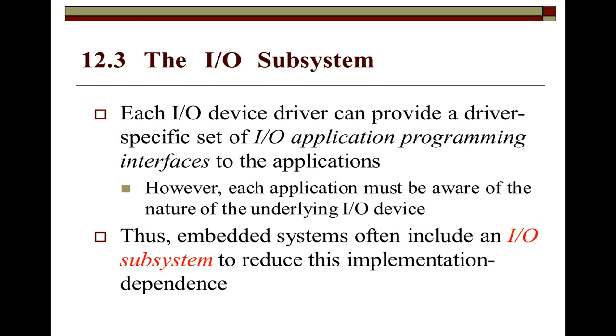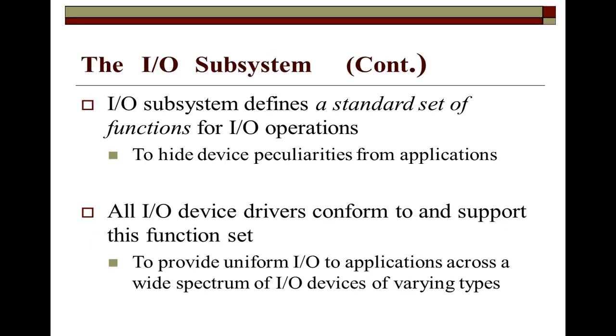Second, we are going to look at the input output subsystem. Each input output device driver can provide a driver-specific set of input output application programming interfaces to the applications. So whenever you need to interface some application, there is a particular input output API that is going to drive that set. However, such an application must be aware of the underlying nature of the input output device.